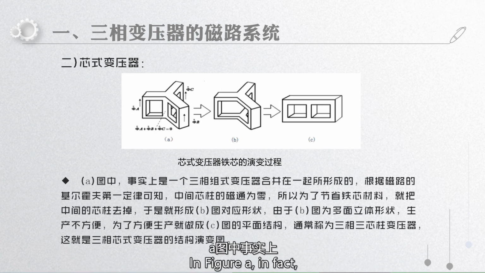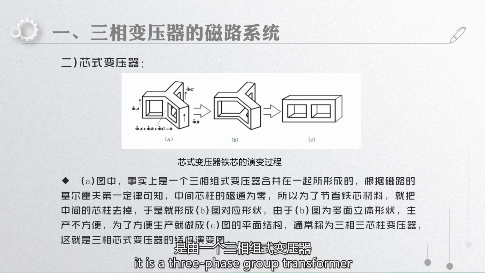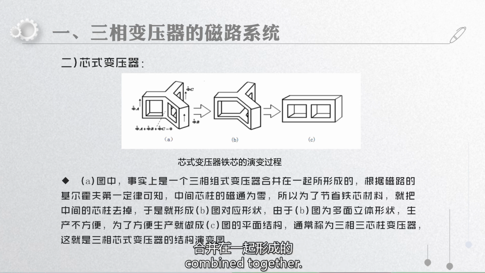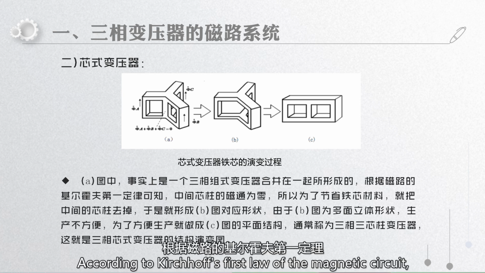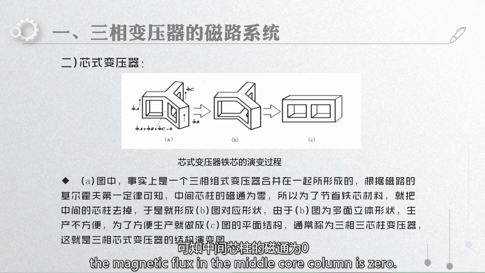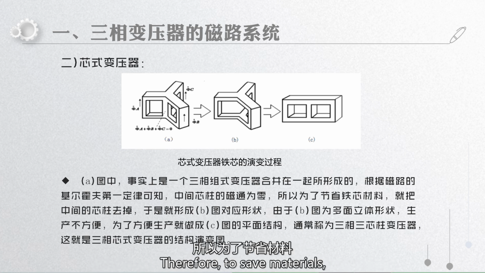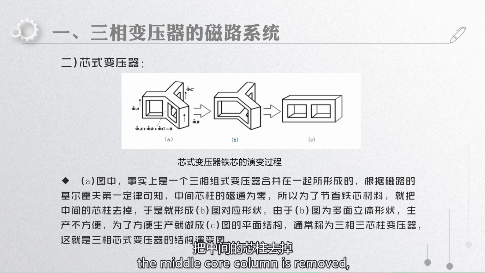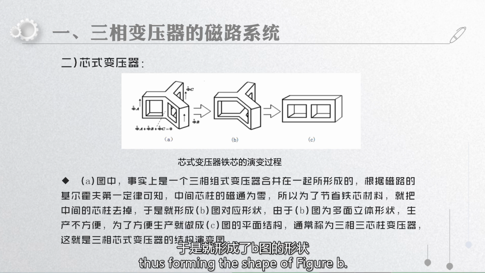In figure A, in fact, it is a three-phase group transformer combined together. According to Kirchhoff's first law of the magnetic circuit, the magnetic flux in the middle core column is zero. Therefore, to save materials, the middle core column is removed, thus forming the shape of figure B.